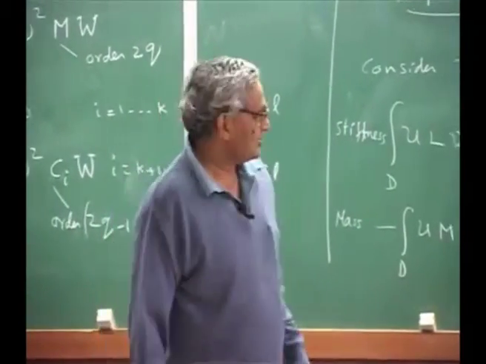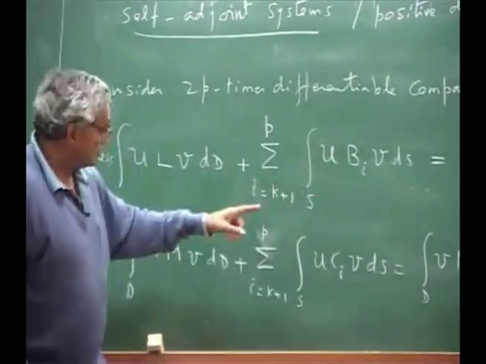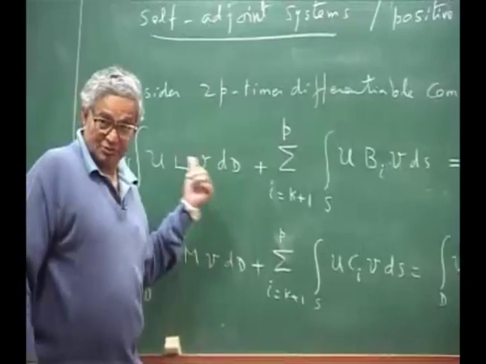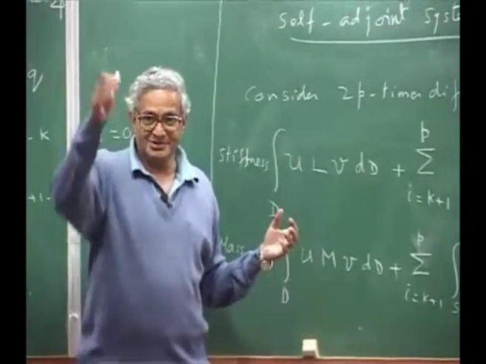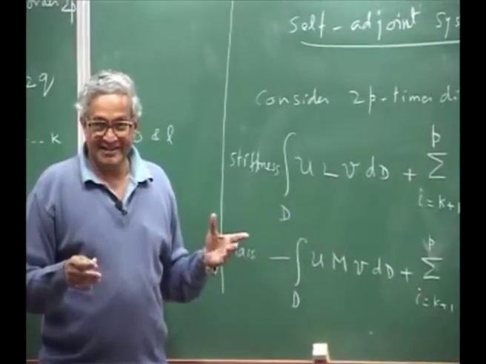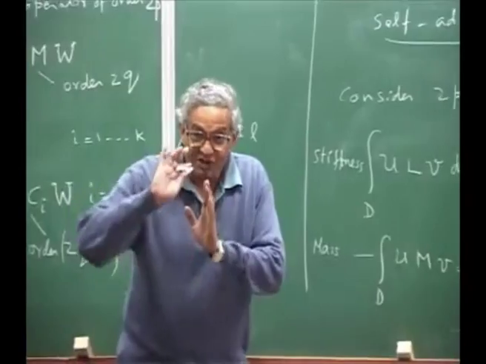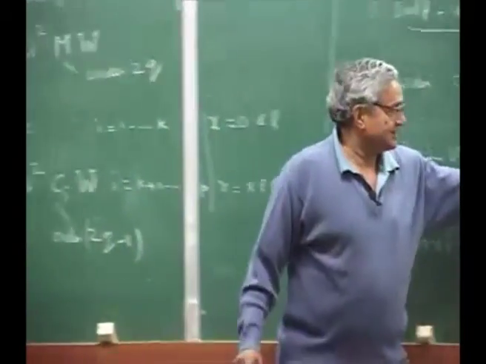That is why sometimes this itself is written, but you should have the boundary condition, because when you integrate by parts you are going to get boundary terms. When the boundary conditions are homogeneous, you don't need this.